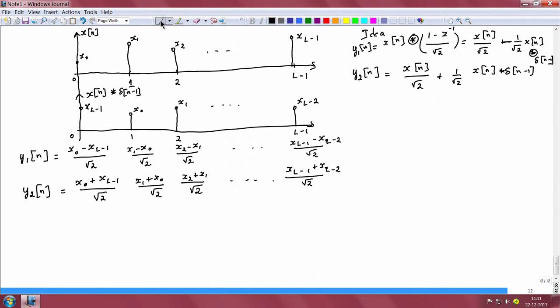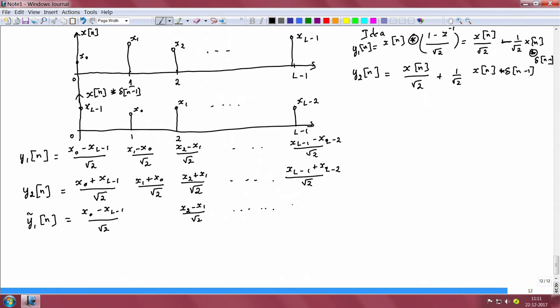Now we have this y1 and y2, and we are going to downsample by 2. Essentially we are going to discard every alternate element. If we look at y1 tilde of n, we will retain these samples, x1 minus x L minus 1 by root 2. So, this is kept, we have x2 minus x1 by root 2, and every alternate sample is skipped.